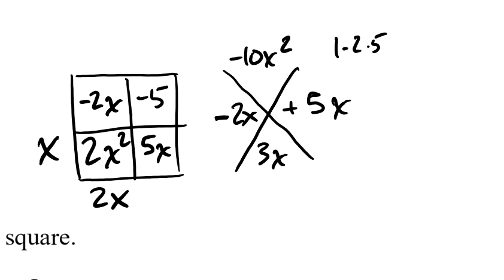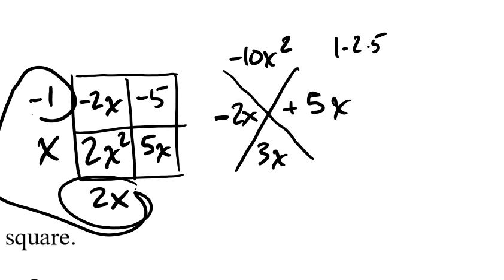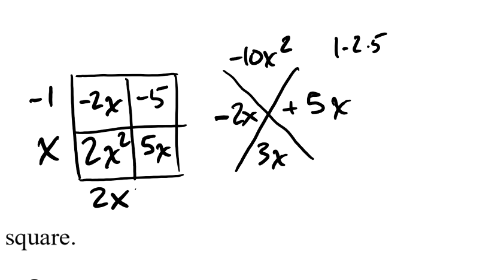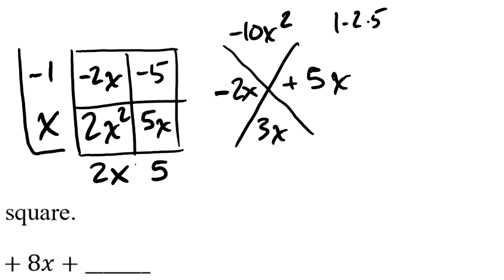Now that I've factored out the 2x, I can see this one there is only the factor of -1, which is nice because it does agree with the fact that 2x times -1 is supposed to be -2x. And then finally, this one is going to have to be a positive 5. So this is the unique factorization.